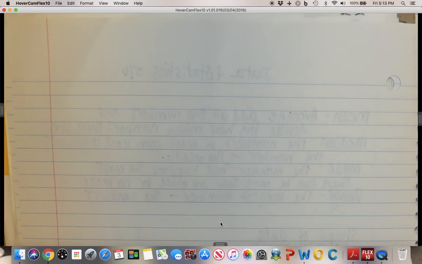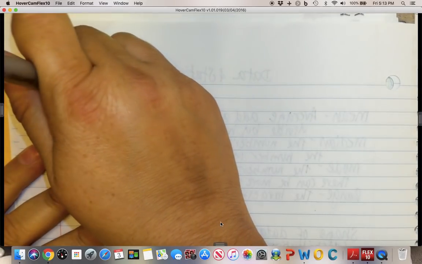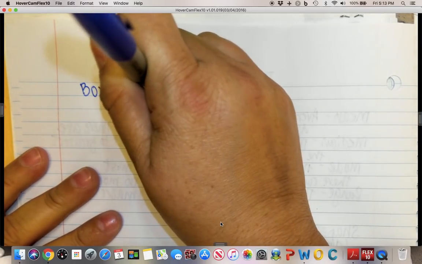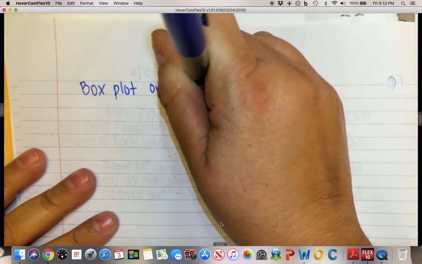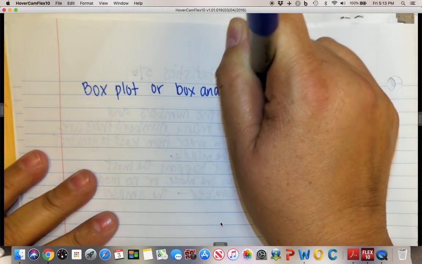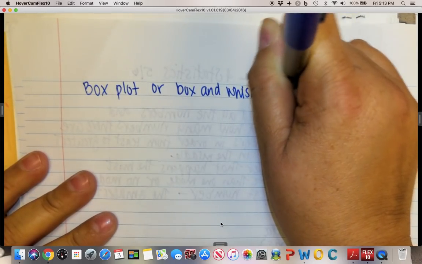I know something that you are going to see on the state test because it was on there last year, and there were questions in the practice test about it. It is called a box plot or a box and whisker plot.